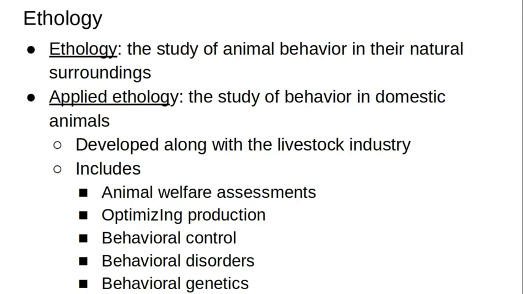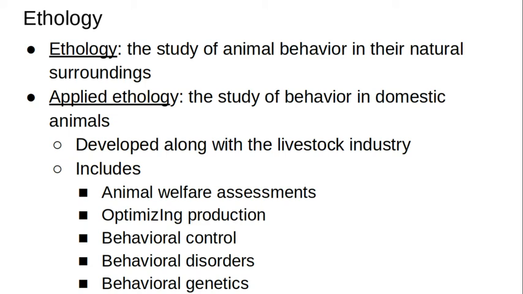Ethology is a category that studies animal behavior in their natural surroundings. However, when we're talking about animal science, we're talking about domesticated animals, so they may not always be in their natural surroundings. So we may divide this into what we call applied ethology, and this is the study of behavior in domestic animals.